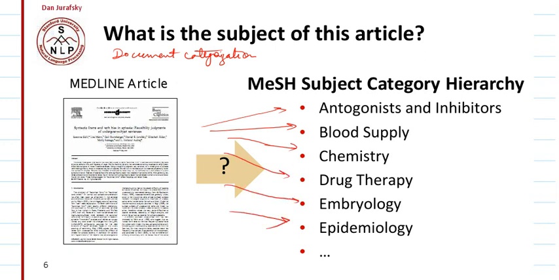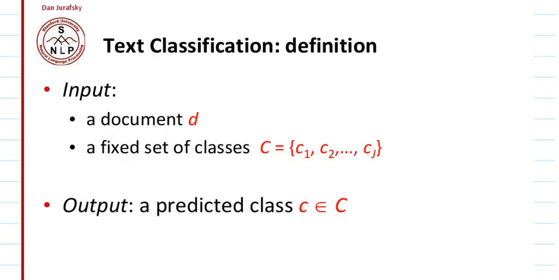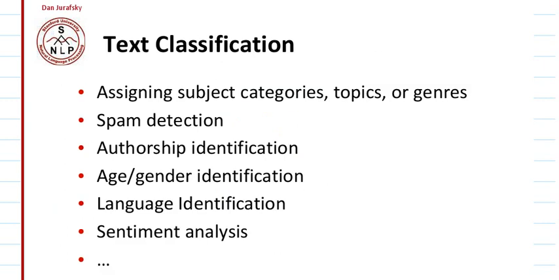If this is a medical document, it can belong to any of these, right? So we can now say that text classification is the task of assigning a topic category to a piece of text or a document.